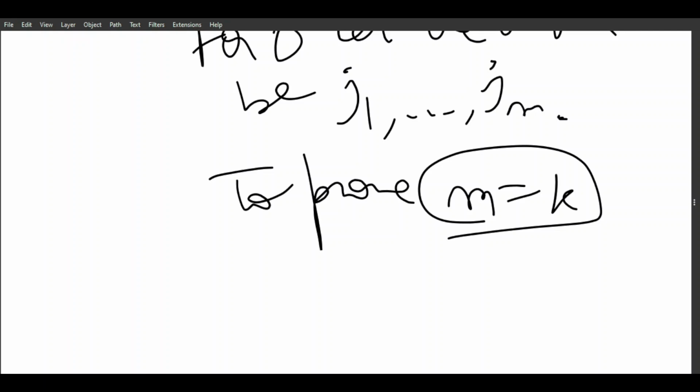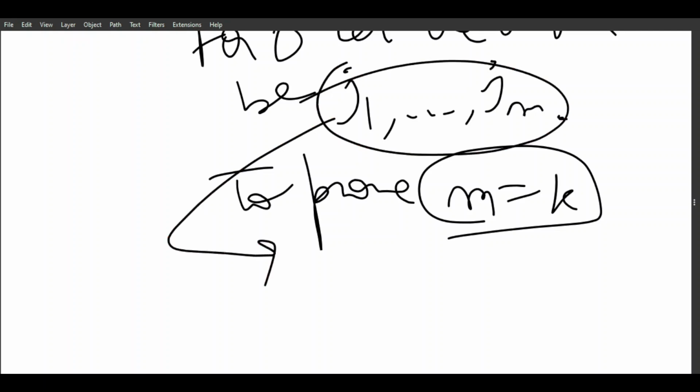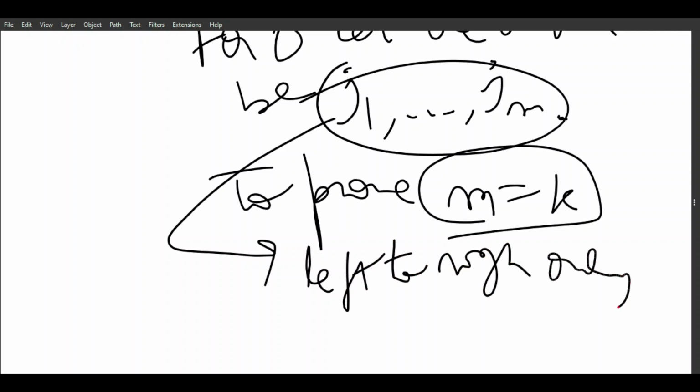And here also our assumption is that they are in sorted, left to right order of intervals. Left to right ordering means J1 starts first and finishes first, then J2 starts and finishes second, and so on. Both our set O as well as set A are ordered this way. It will simplify our proof. So this is the notation we follow.